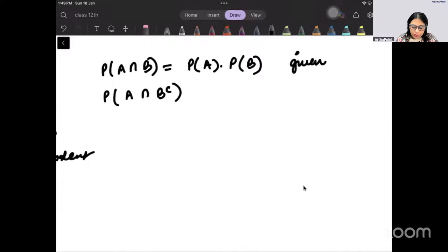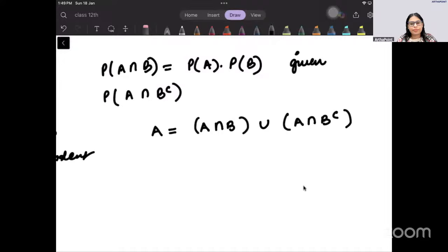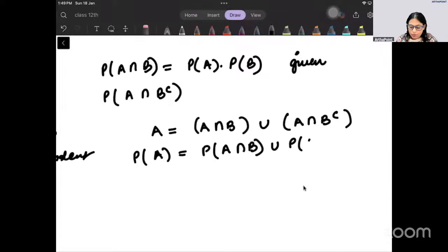So usually what happens is whenever we have any set A, it can be written as A intersection B union A intersection B complement. Any set A can be written like this, right? So probability of A will be probability of A intersection B plus probability of A intersection B complement, right?